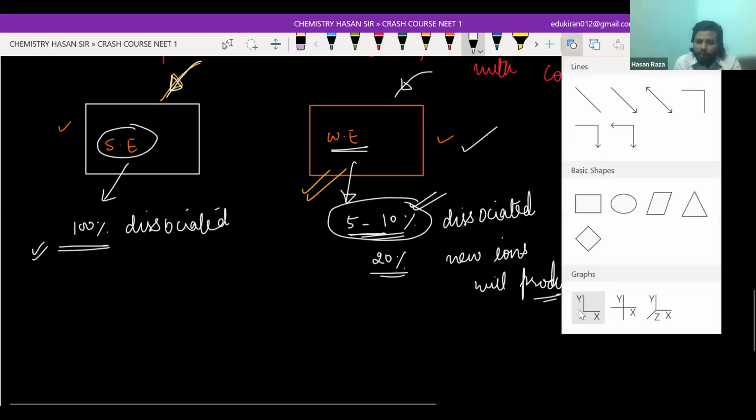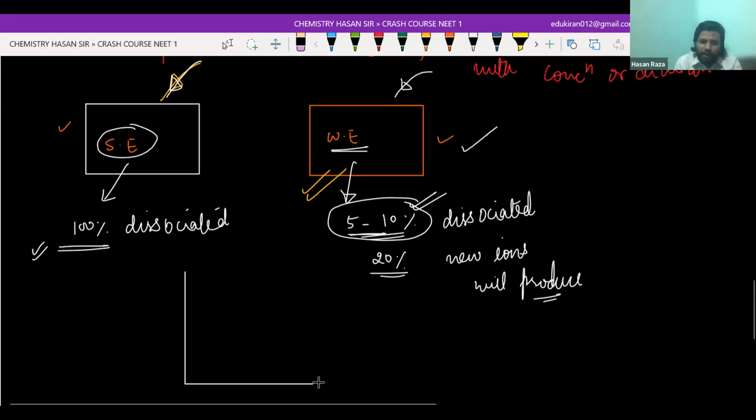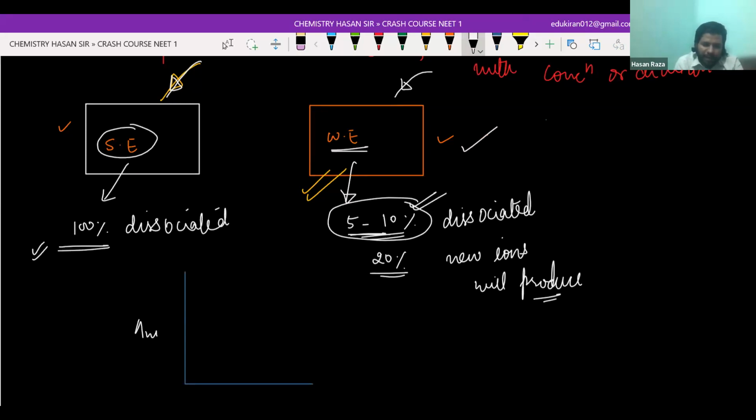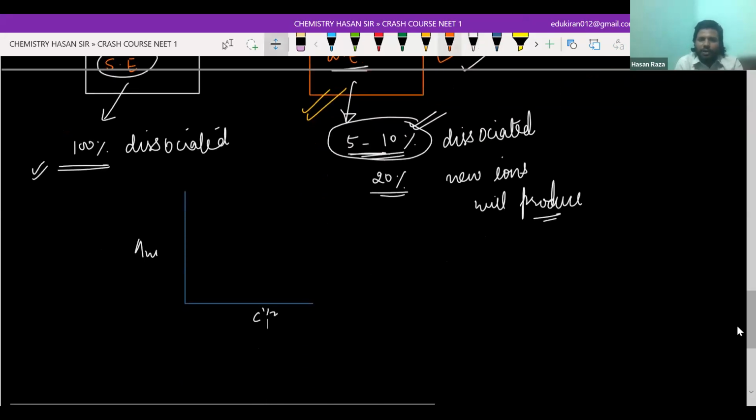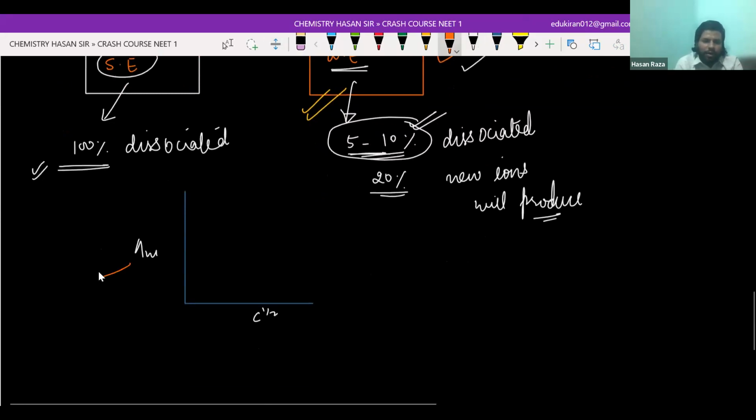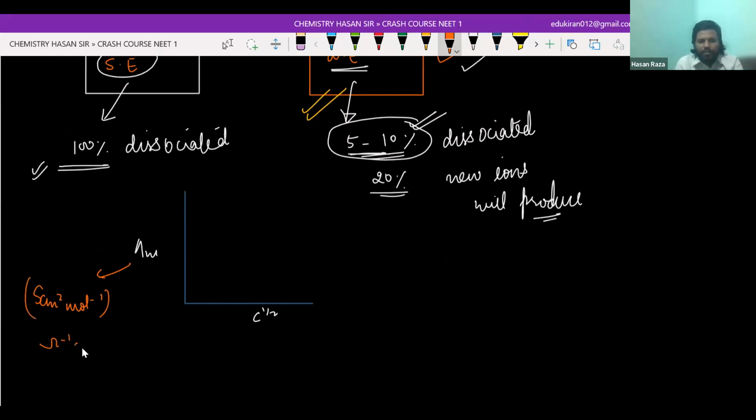So if we plot a graph for this, you can see the graph is between molar conductivity and C raised to the power half. C is basically your concentration. I'm going to write molar conductivity, which you know is in Siemens centimeter square per mole, or you can write per ohm centimeter square per mole.